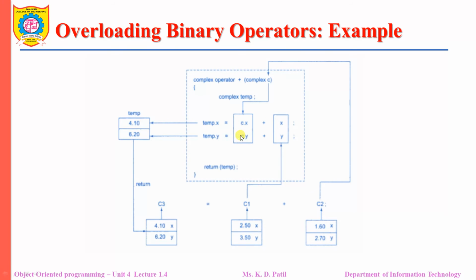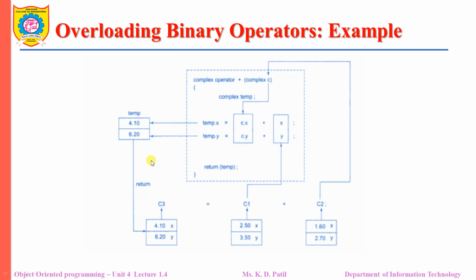In the same way, C dot y refers to the imaginary part of C2, and only y, without any argument and dot operator, refers to the imaginary part of C1. The function returns the complex temp, with the real part temp dot x and the imaginary part temp dot y, and it is stored in the object C3. So C3 will also have a real part and an imaginary part.